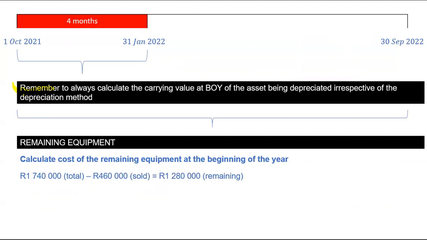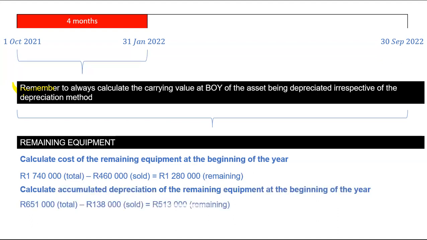You have to take the total accumulated depreciation and minus the accumulated depreciation of the equipment that was destroyed at the beginning of the year. So you will take that 651,000 minus 138,000. You will be left with 513,000, which is the accumulated depreciation of the remaining equipment.